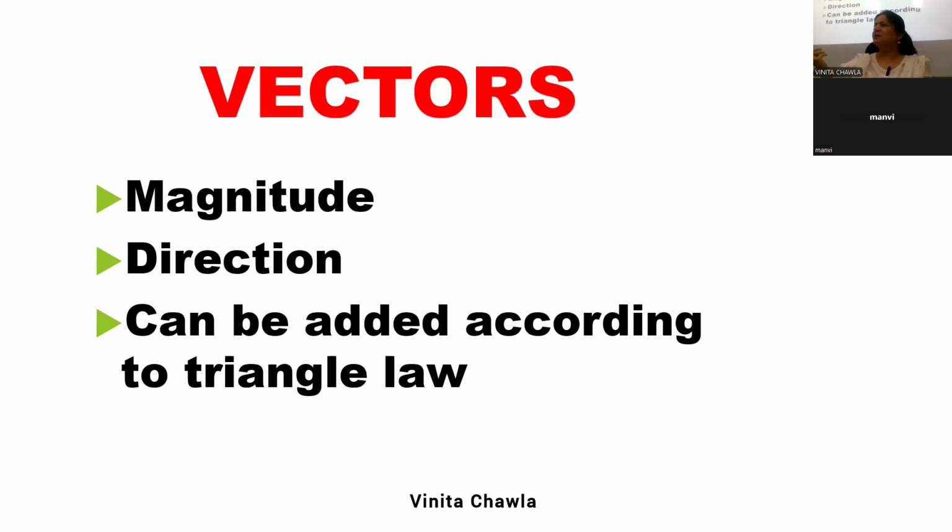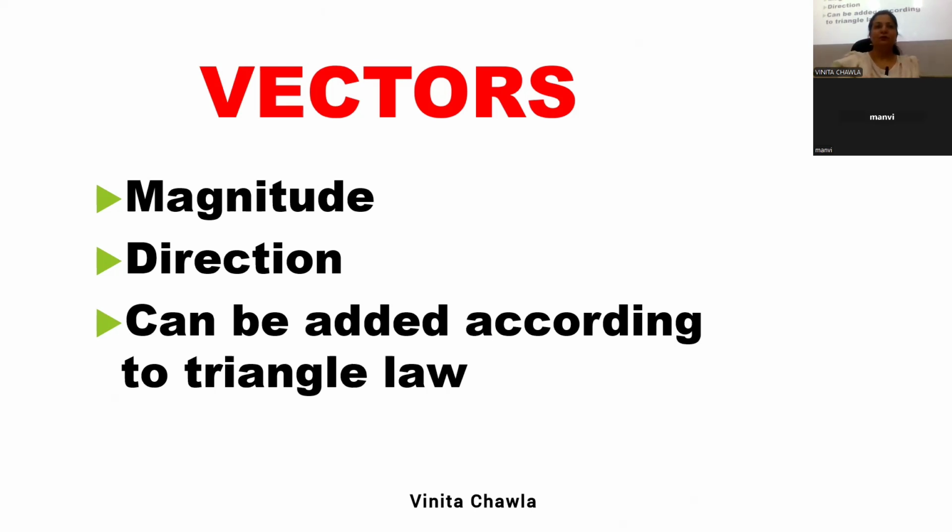Electric current has both magnitude as well as direction, but electric current is a scalar quantity because we do not add current according to the triangle law of vector addition. That's why current is considered a scalar quantity, not a vector quantity, though it has direction.